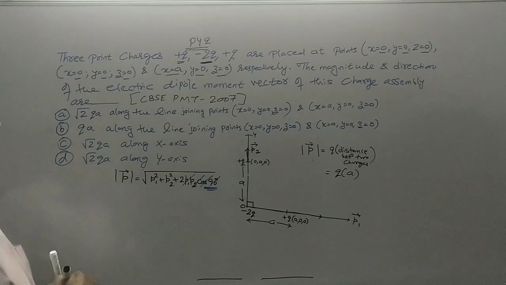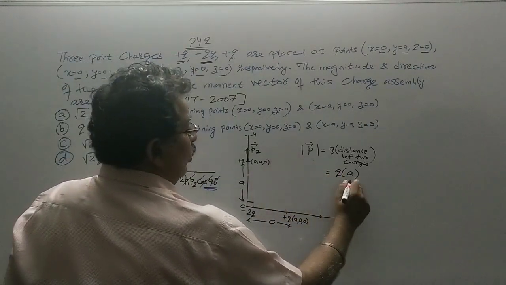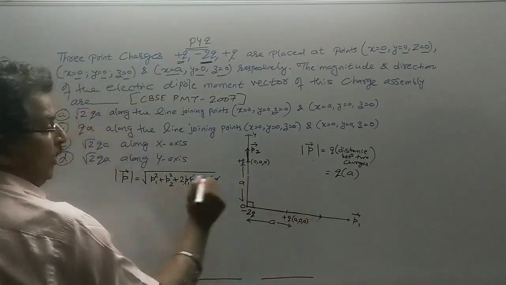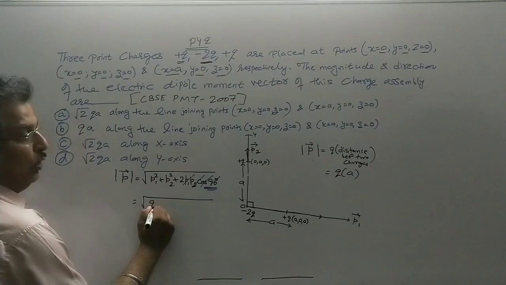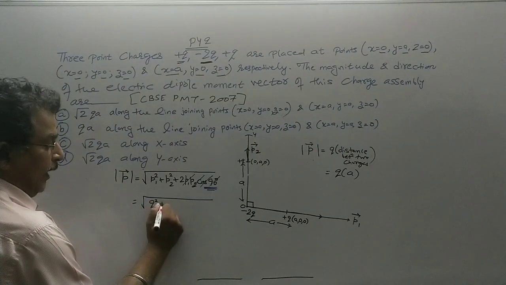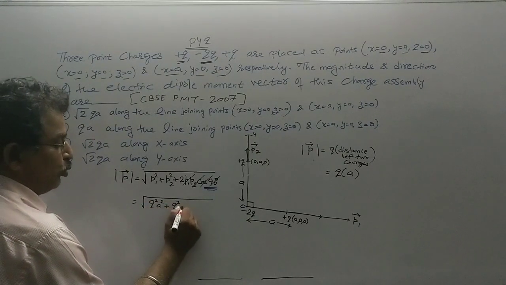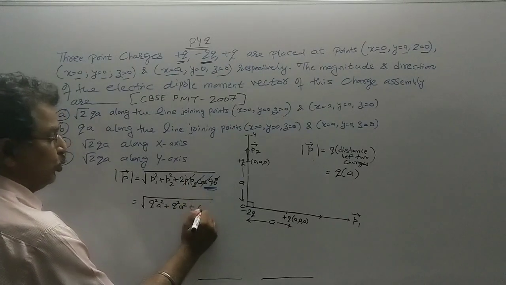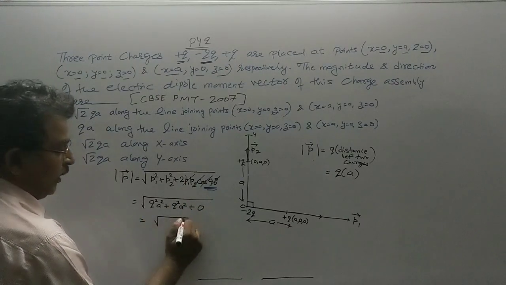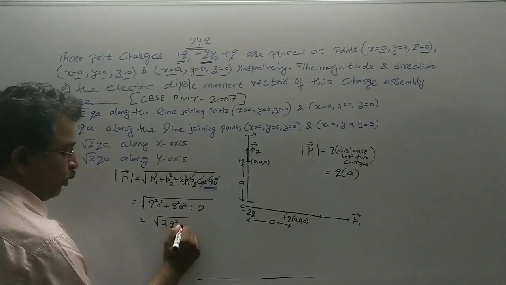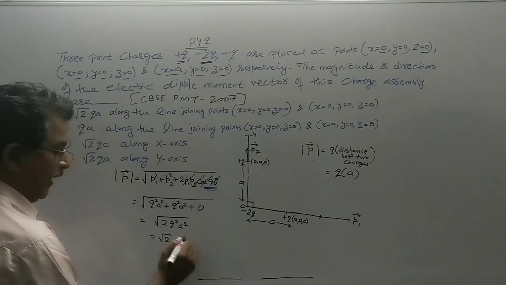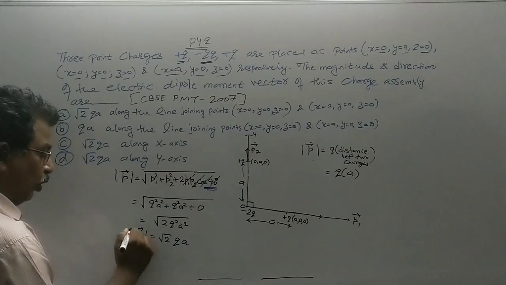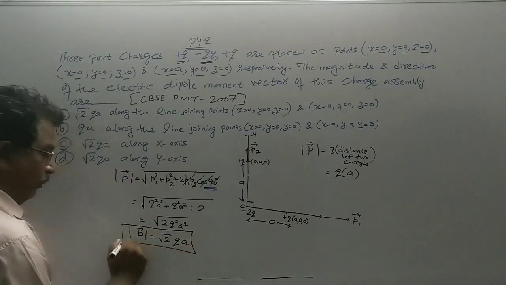The dipole moment of either of these two dipoles is qa. So this is the square root of q squared a squared plus q squared a squared. This term reduces to 0. So this is the square root of 2 q squared a squared, that is root 2 qa. So this is the magnitude of the resultant dipole moment.